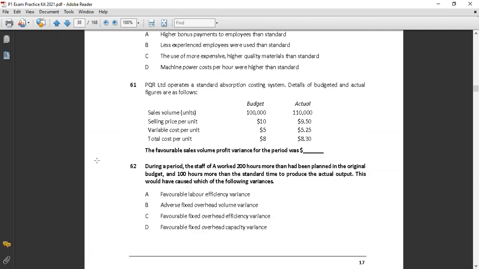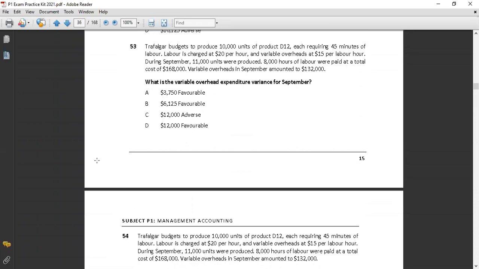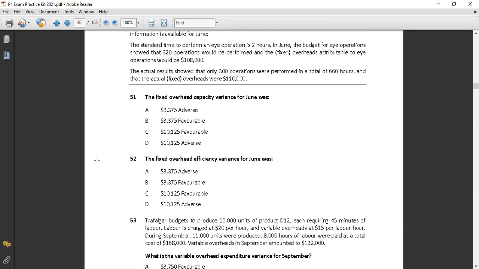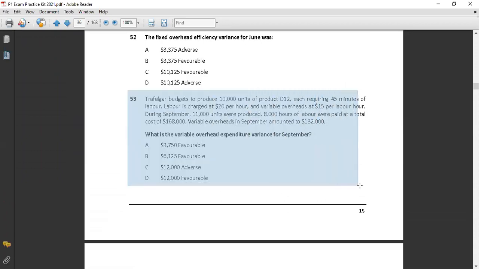Let's just quickly take up one last question because at 5 o'clock the class ends. 53rd question. Let's take it up and then quickly put this.